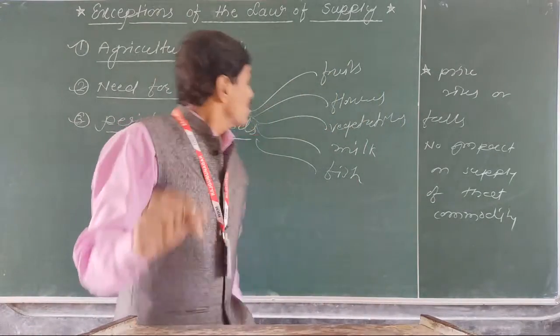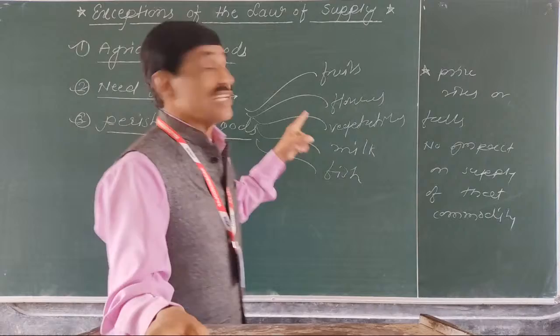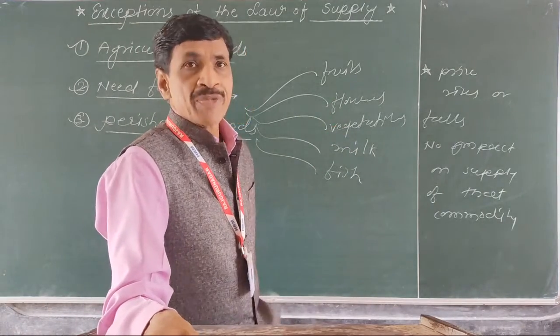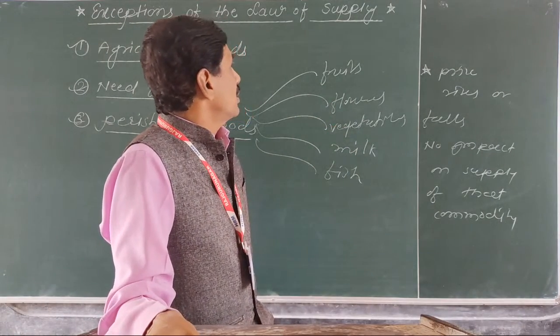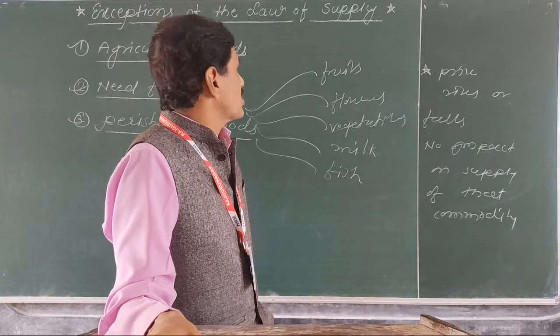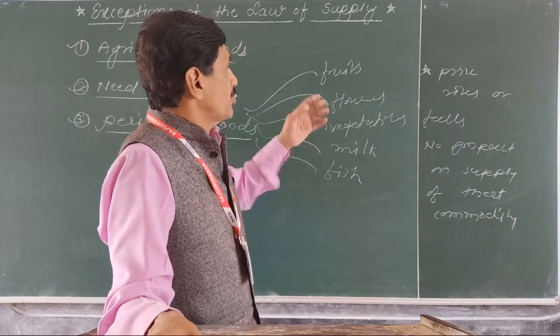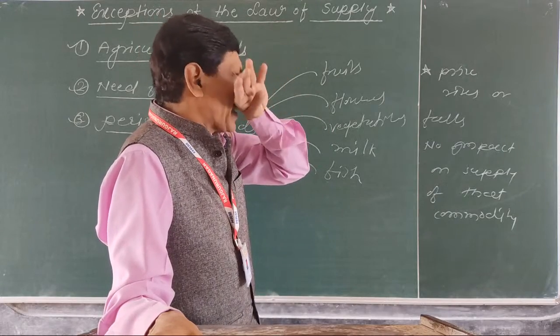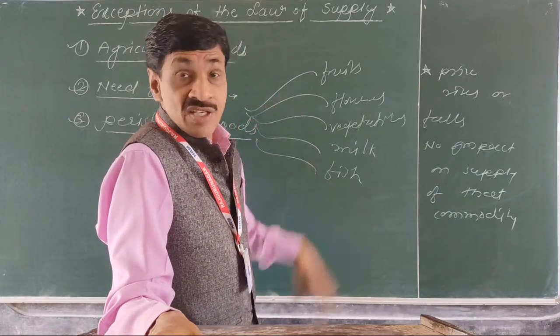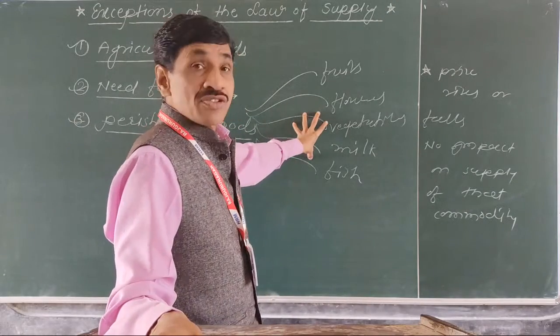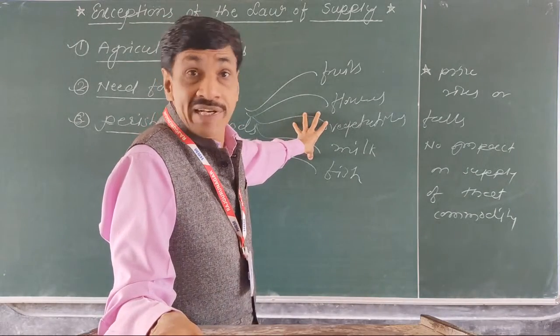It means in case of perishable goods like fruits, flowers, vegetables, meat and fish, when the price of the commodity increases, the supply cannot increase, and when the price of the commodity falls, supply also does not change.